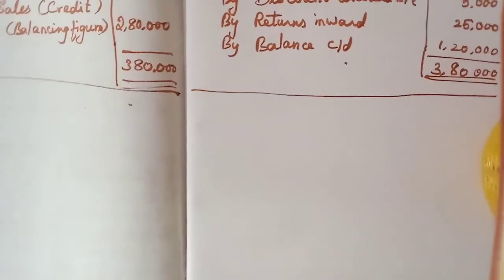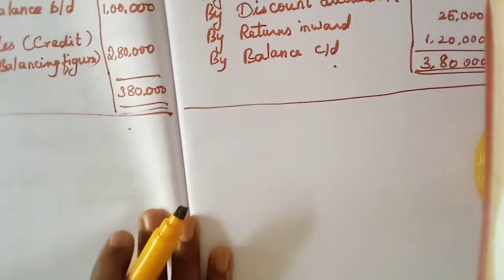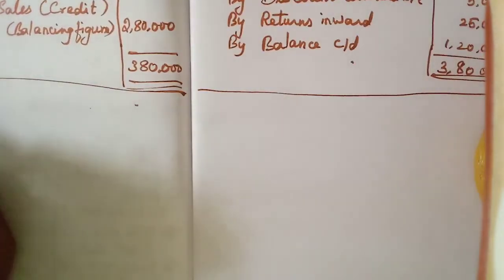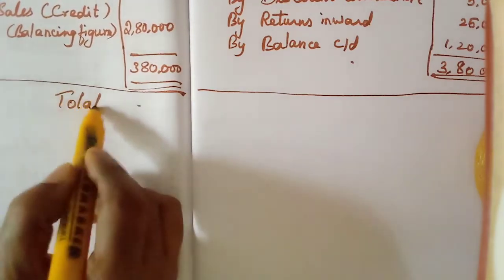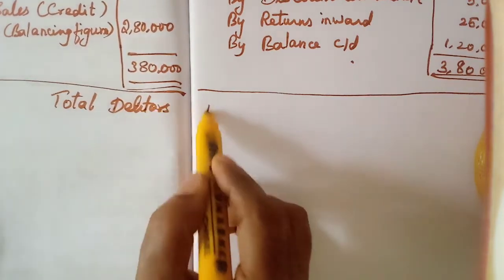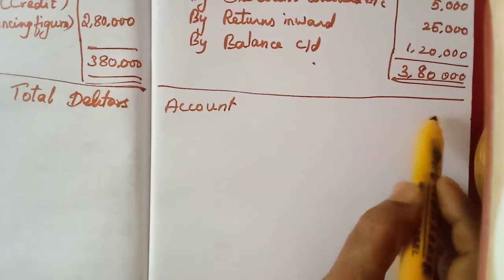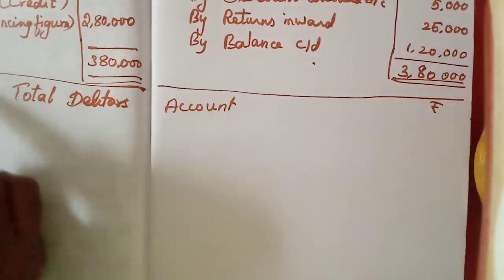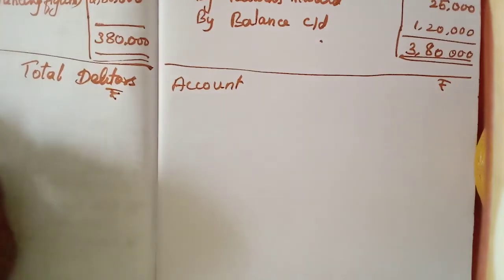Shall we do this one? Okay, first I am writing number 11, then total debtors account. Fully you have to write. Okay. Simply I am writing now only rupees. Here rupees. So that one, to balance brought down.